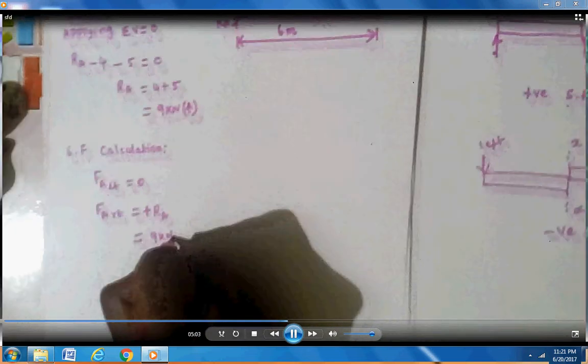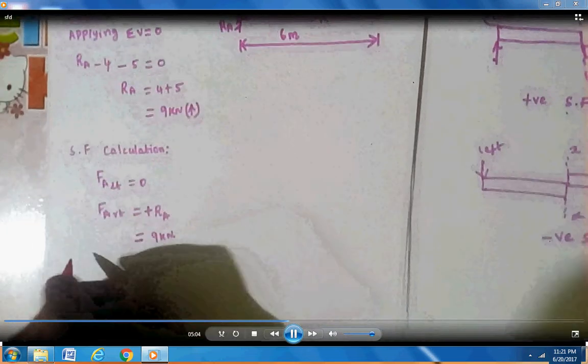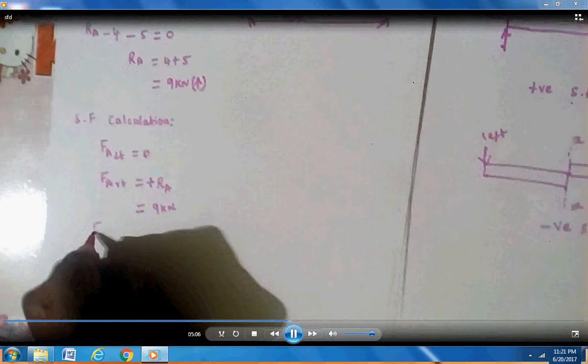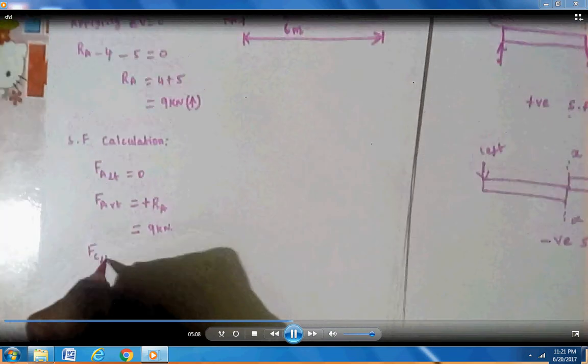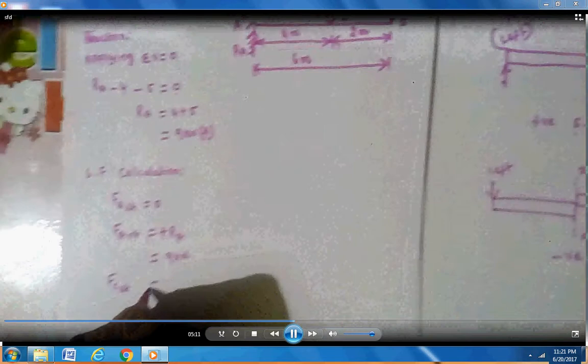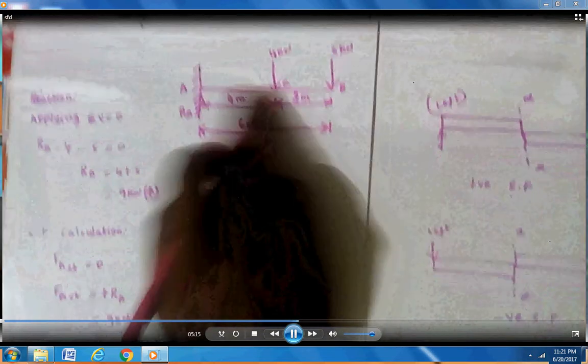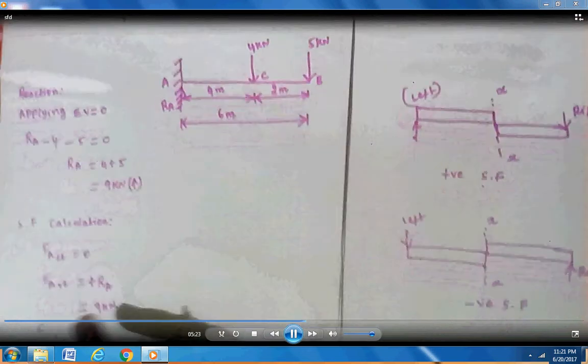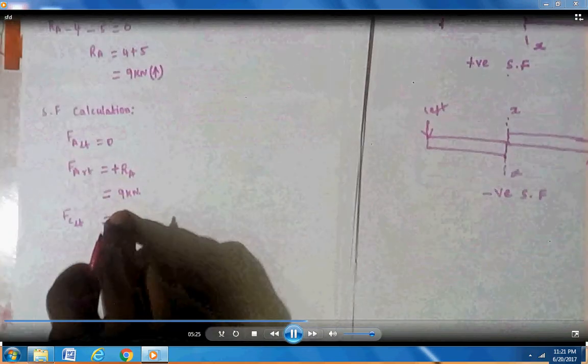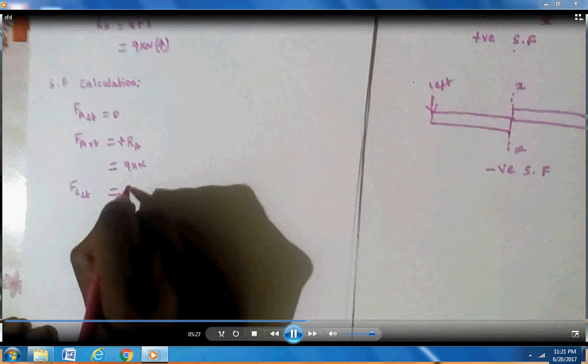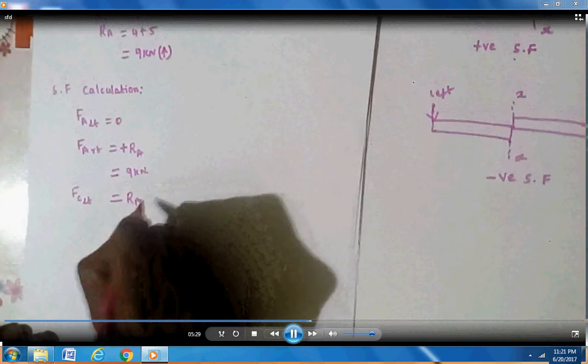Then the next point is C. At C left, from A to C there are no loads, so only one force, RA, equal to 9 kilonewton, without considering the point load at C.